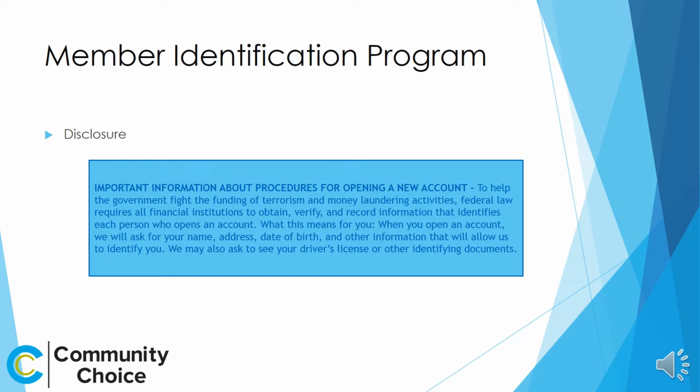Prior to opening a new account, we must provide this disclosure to the member. It states that the credit union is required under federal law to obtain, verify, and record identifying information. Prior to opening an account, we will ask for the member's name, address, date of birth, and other identifying information. We will also ask to see the member's photo identification.